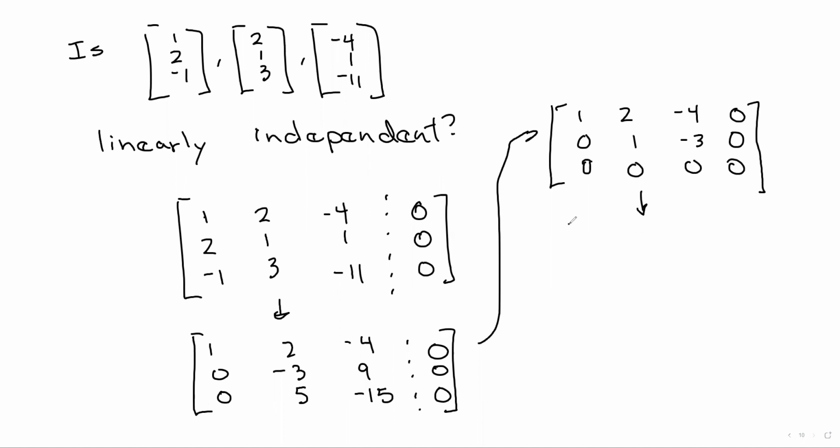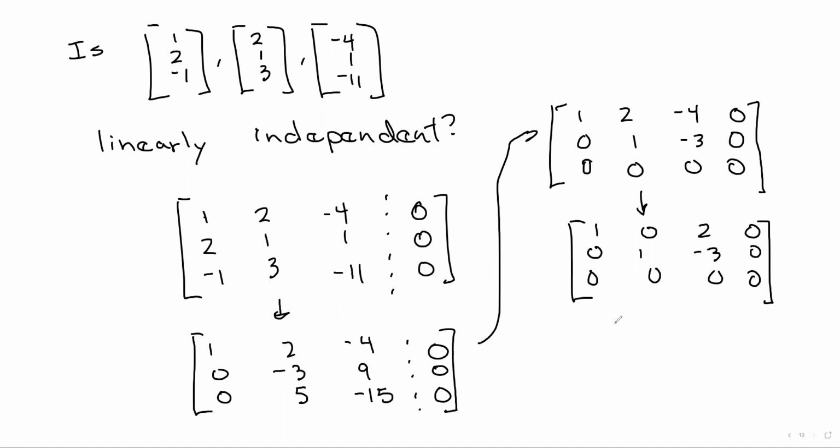And then finally, to put it into reduced row echelon form, we're going to take -2 times the second row and add it to the first row. If we take -2 times 0 and add it to 1, we get 1. -2 times 1 and add it to 2, we get 0. -2 times -3 gives us 6. 6 and -4 is going to be 2. And then -2 times 0 added to 0, you get 0.